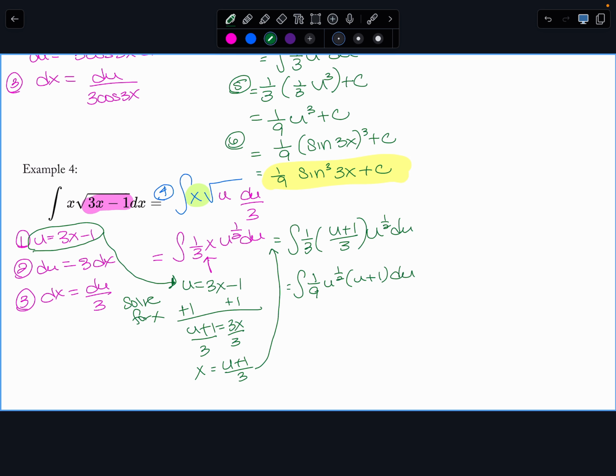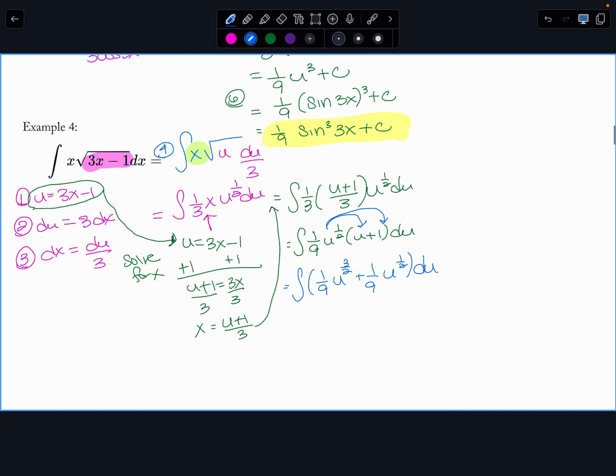But now we've got to distribute. So I have 1/9 u to the 3/2 plus 1/9 u to the 1/2 and a du.